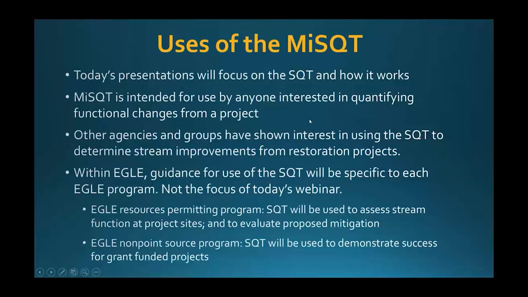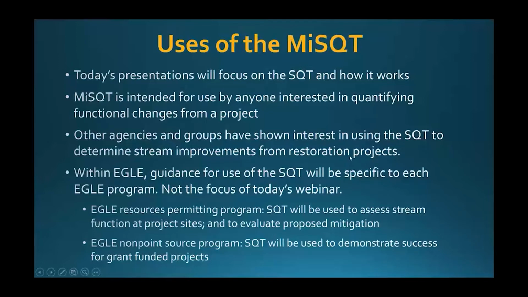Within EGLE, guidance for use of the SQT will be specific to each EGLE program. And while it's not the focus of today's webinar, I am going to talk briefly about how the EGLE Resources Permitting Program plans to use the SQT, and then Alyssa Riley is going to talk a little bit about its use in the non-point source program.